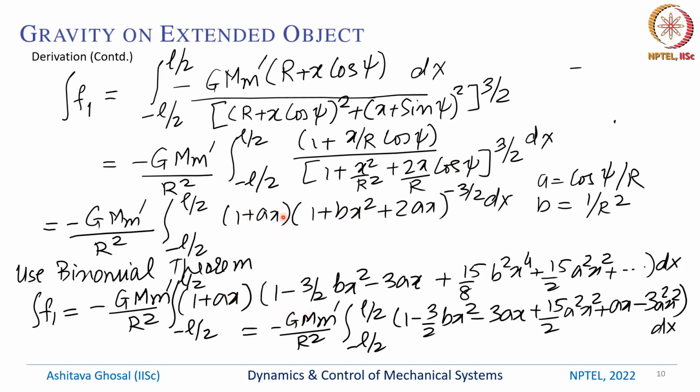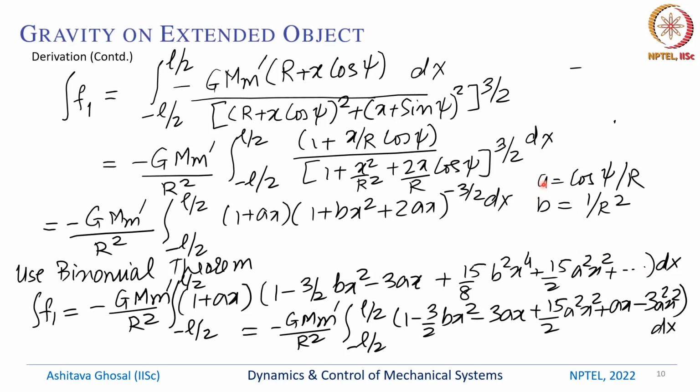So it will have 1 plus ax, then you have 1 minus 3 by 2 bx square minus 3ax, plus 15 by 8 b square x to the 4, plus 15 by 2 a square x square, plus all these terms. Okay, so we are only going to keep these many terms. All the higher order terms we can remove.